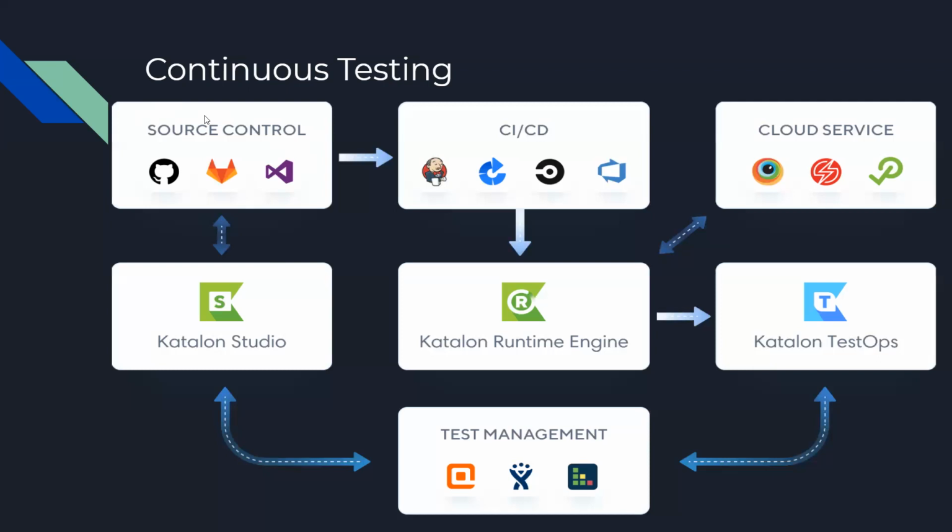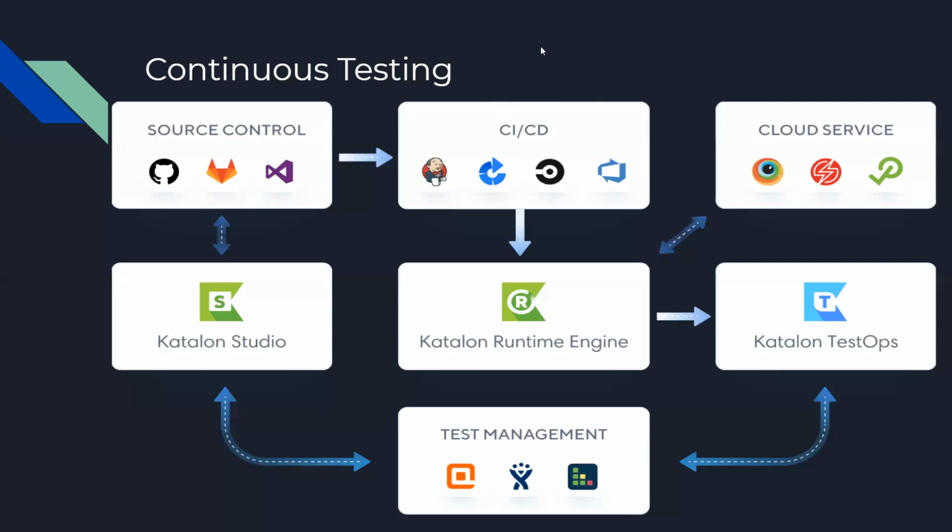It is a common repository where all the automation testers will pull their code. For that purpose, we can use GitHub, TFS, or some other repository. Katalon provides a plugin for that also, and you can push all your automation scripts there. After that, we need CI/CD.